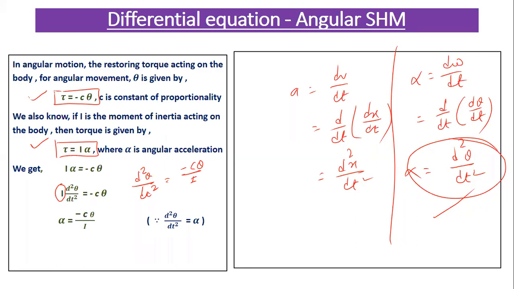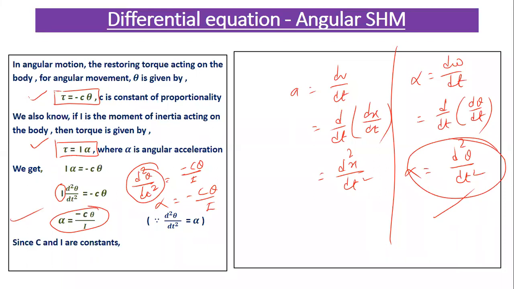Here, d square theta by dt square is alpha. Alpha is equal to minus C into theta divided by I. C and I are constants. So if C and I are constant in this formula, then we can write alpha proportional to minus theta.